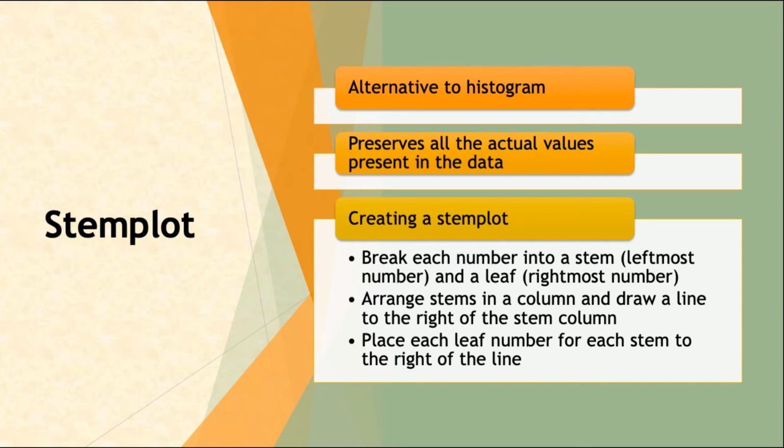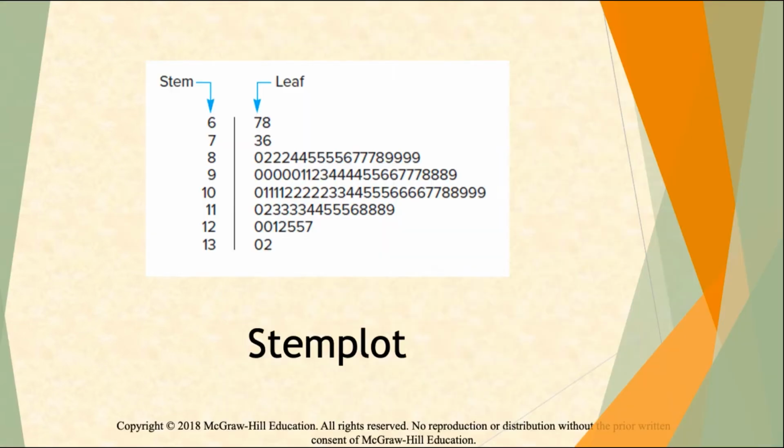The stem consists of the leftmost number or numbers, and the leaf is the rightmost number. An IQ score of 67 would be broken into its leftmost number, or stem, 6, and rightmost number, or leaf, 7. Let's see an example here.